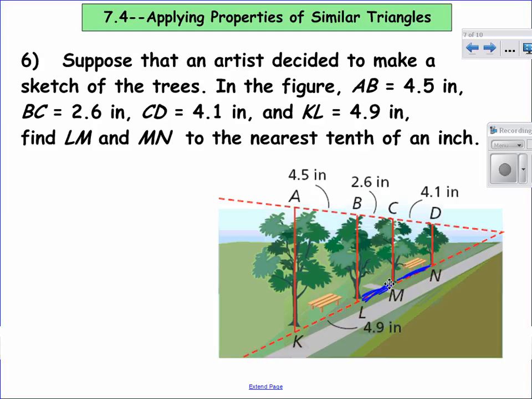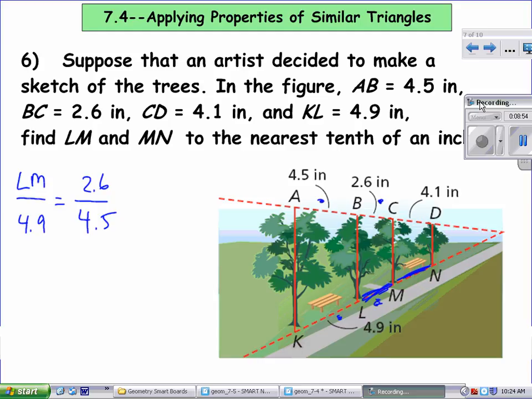I can go ahead and set up right here for LM, which is down here. I can say, well, this is to this here, so LM to 4.9 must be the same as this is to this. BC, which is 2.6, is to AB, which is 4.5.